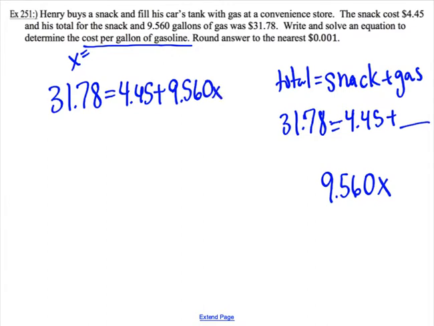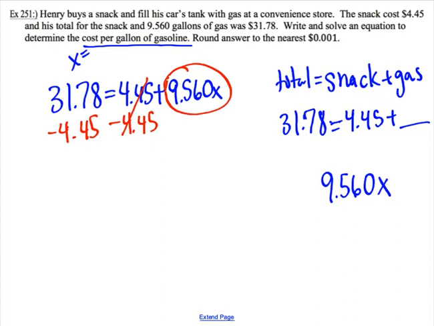This will give us the total here. Now, simplifying both sides is already done. There's no parentheses, there's no like terms. We need to isolate the variable term by subtracting 4.45 from both sides. This is just subtracting off the cost of the snack, so we will know what was spent on gasoline alone.